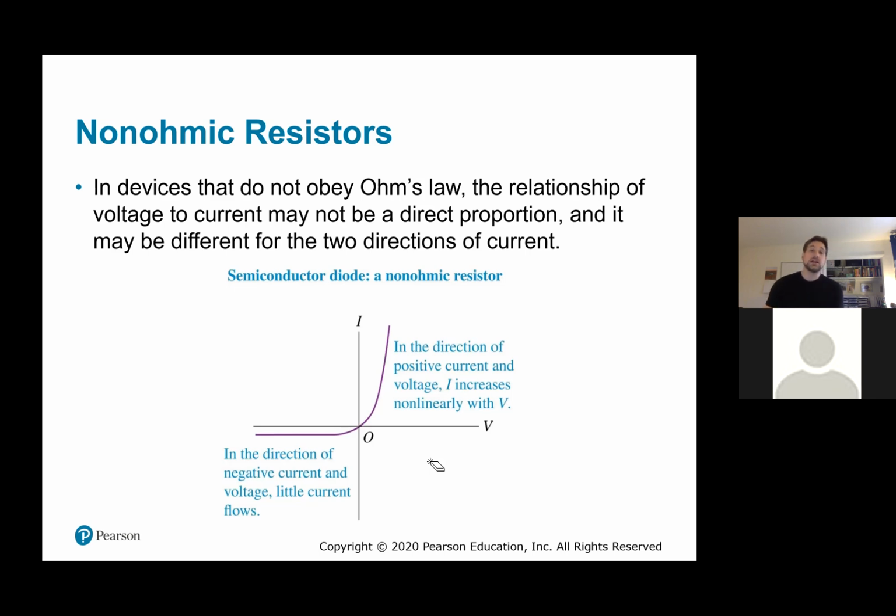Also, its behavior may be different. It might not be a symmetric parabola or anything. It might be that there's some directionality. If we talk about a current one way or the other way, we get a different behavior profile. Something like this we might call a diode.